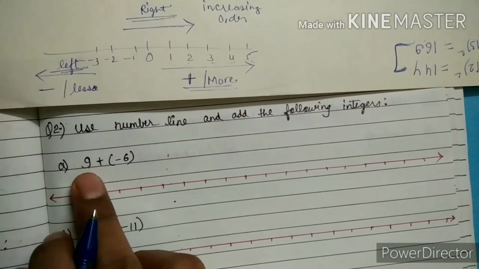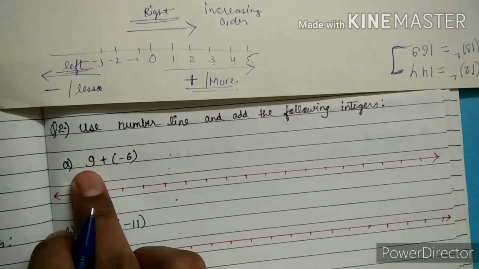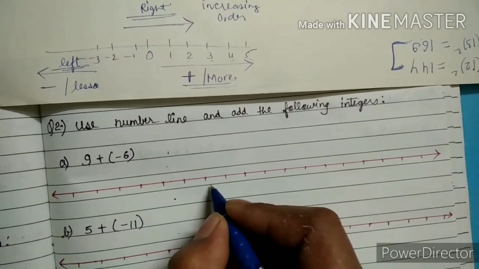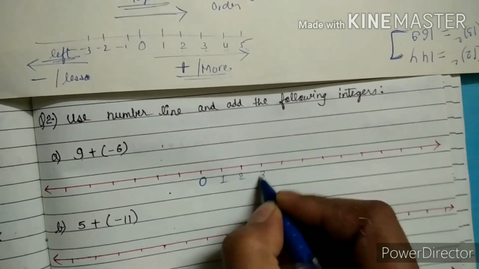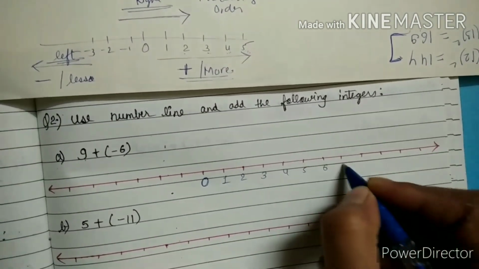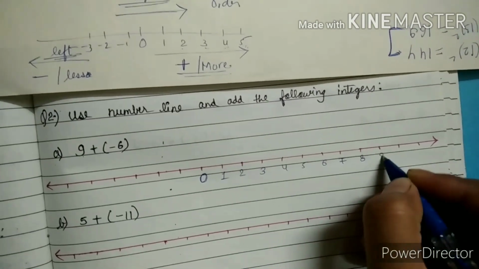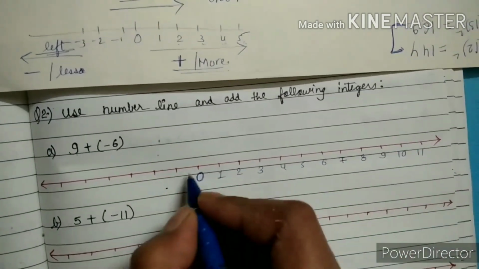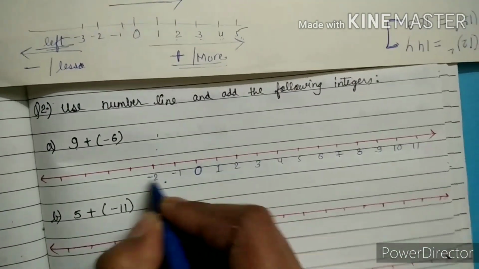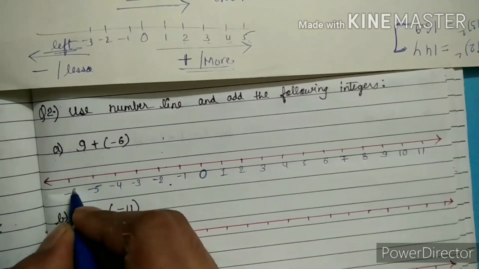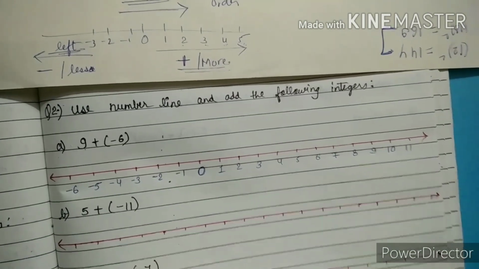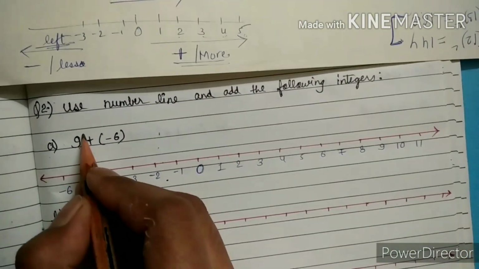Here we need 9 positive integers. That's why I am putting 0 here. 1, 2, 3, 4, 5, 6, 7, 8, 9, 10, 11, and here is -1, -2, -3, -4, -5 and -6. So here we have the first number as 9.